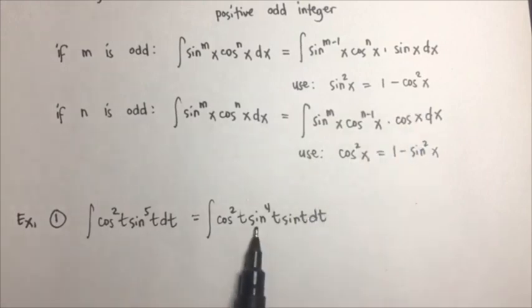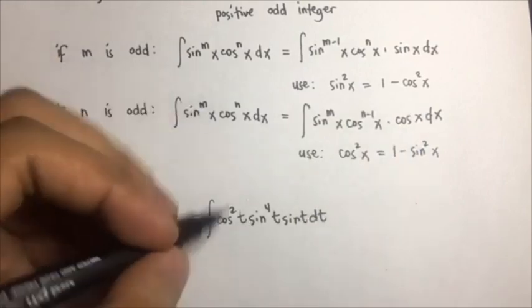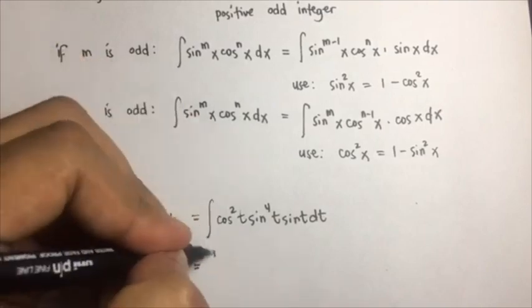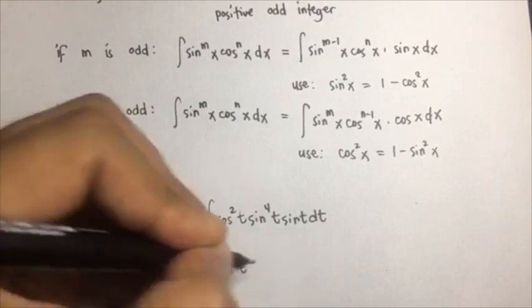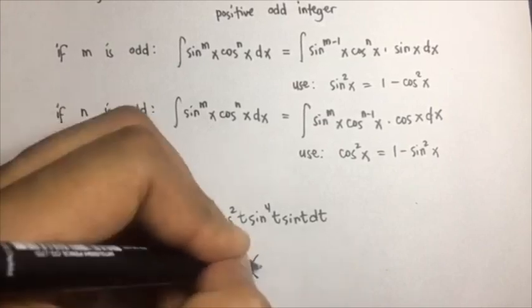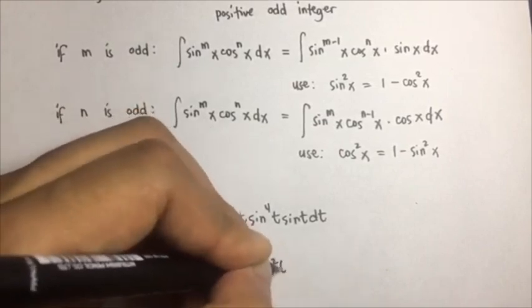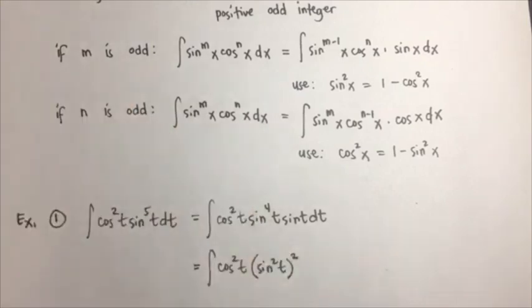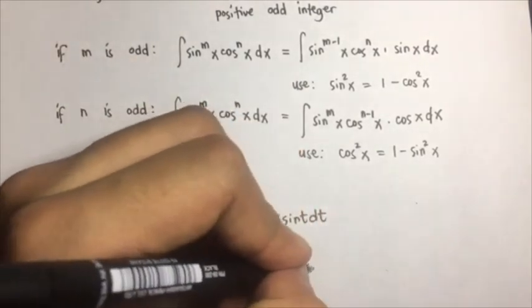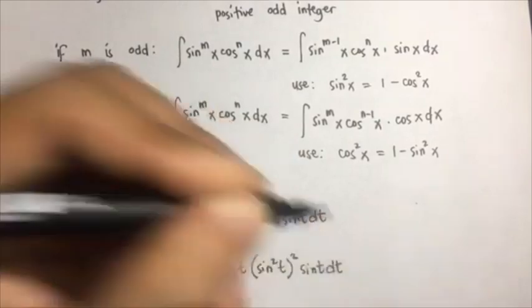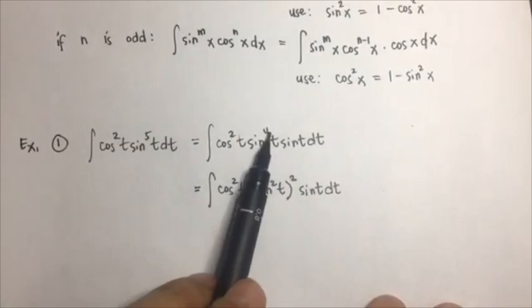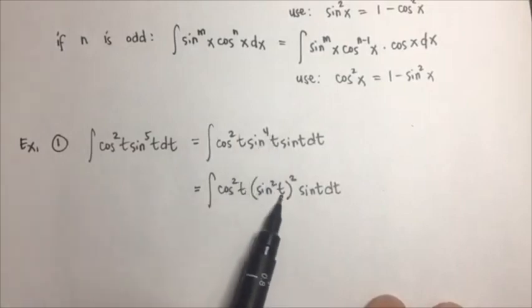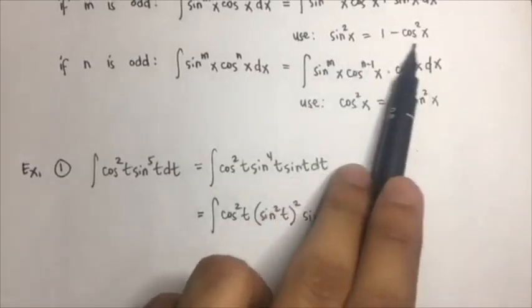Here we can't see any sine squared x, but there actually is one: this can become cosine squared of t multiplied by sine squared of t, squared, times sine t dt. Sine to the fourth of t is equal to sine squared t, squared. With that we can now substitute.